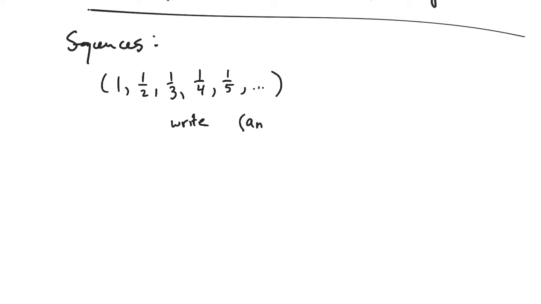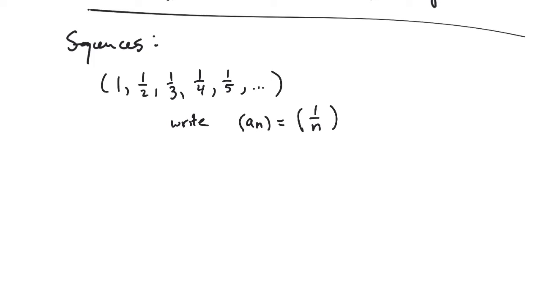Often it's convenient to write a sequence in terms of a formula. Can anyone give me a formula for term n of that sequence? It is 1 over n. Yeah. So we would write it this way, where the parentheses again indicate that I'm talking about a whole sequence, not just one specific term. The sequence (an) is such that all the terms for each n have the form 1 over n.